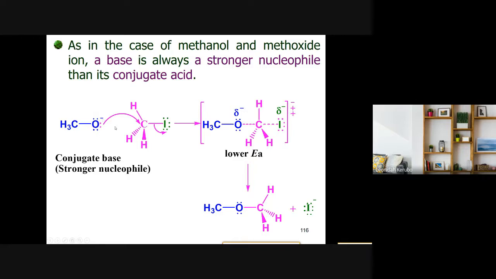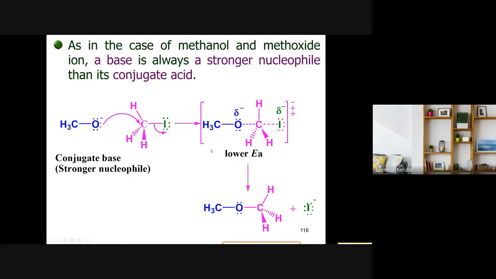the oxygen in the transition state will still bear a partial negative charge, which will be donated towards neutralizing the partial positive charge on the electrophilic carbon. Together with the iodine atom, which also has a partial negative charge, which will be shared with the electrophilic carbon towards neutralizing the partial positive charge.